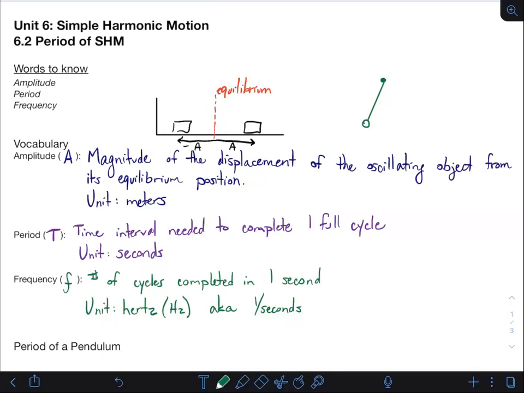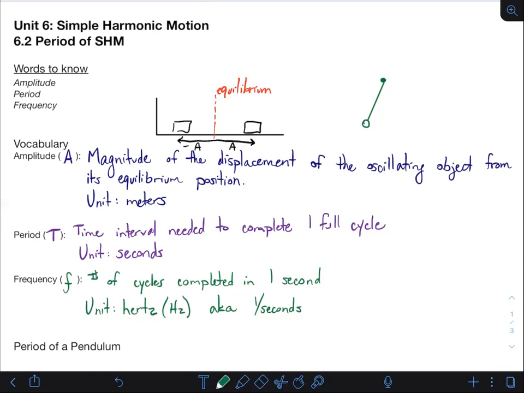So I'll just use that little red dotted line to represent our equilibrium. And we know that our amplitude is going to be how far we swing from that equilibrium point right there in the middle, either to the left or to the right. And just like a mass spring system, we would expect to see that the amplitude both to the left and to the right of equilibrium is the same for a pendulum.